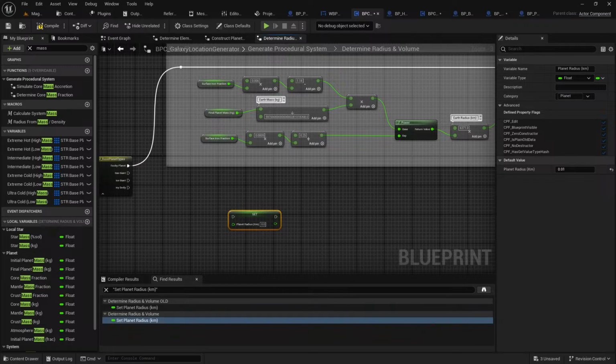So I had a really nice graph that showed the maximum radii of Jupiter-likes. Here we go.